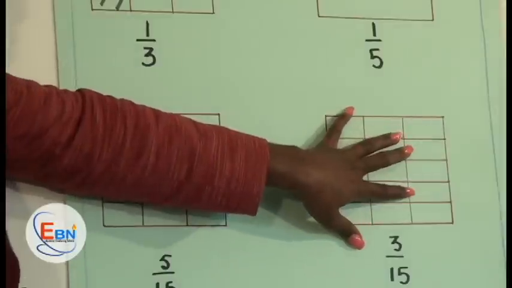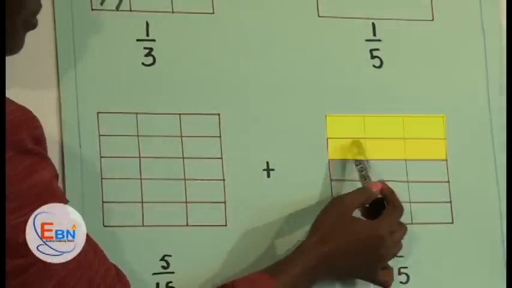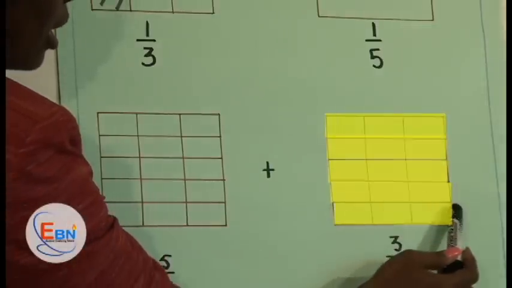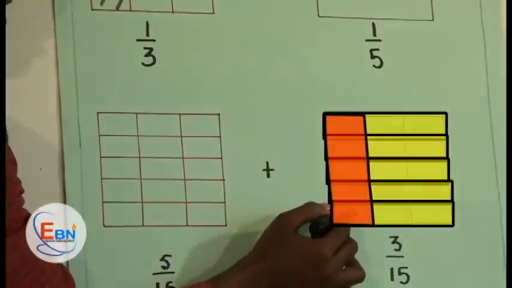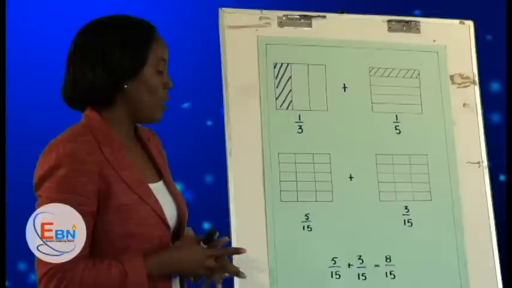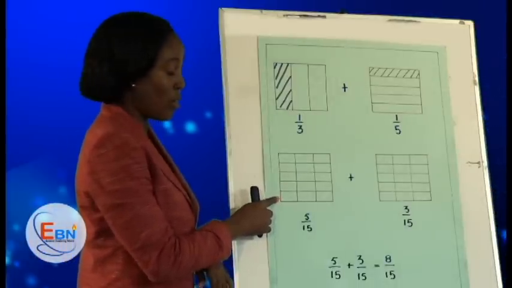Over here, we can see the fifths, and I've also placed my thirds. Now, on this diagram, I will shade my 1/3.